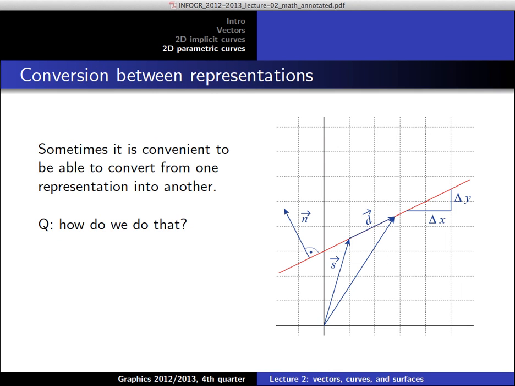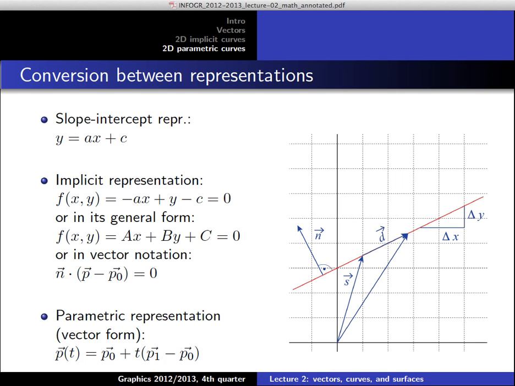Good. So we now have 3 representations of a line, and we will see examples later of why these representations are useful, and in which situation which representation is more useful. You will hopefully also see it in the programming assignment. It is important to be able to transfer between those different representations.